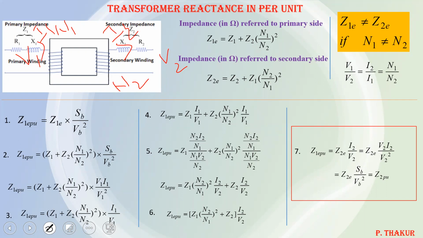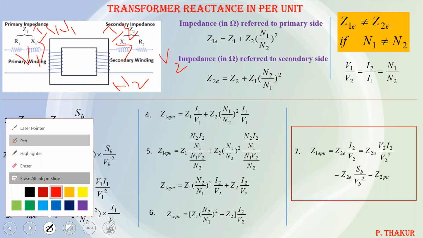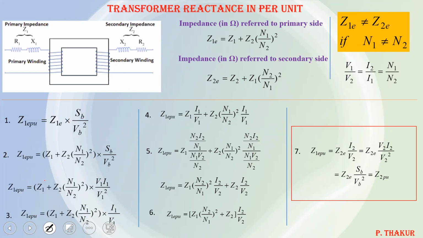Now the task is to calculate the total impedance of the transformer referred to the primary. If impedance is given in ohm and the task is to calculate the total impedance of the transformer referred to the primary, how will you calculate it? In first year or in the machine course, you already have an idea of this.